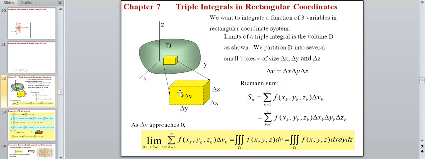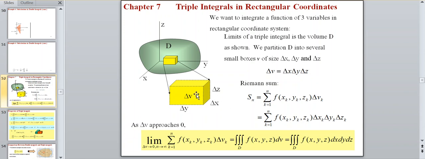And of course, here delta V, I think better we denote this V with capital V, but here they denote it by a small v, but it doesn't matter. So delta V is the volume of a small box, which is the product of delta X, delta Y, and delta Z, as you can see here.